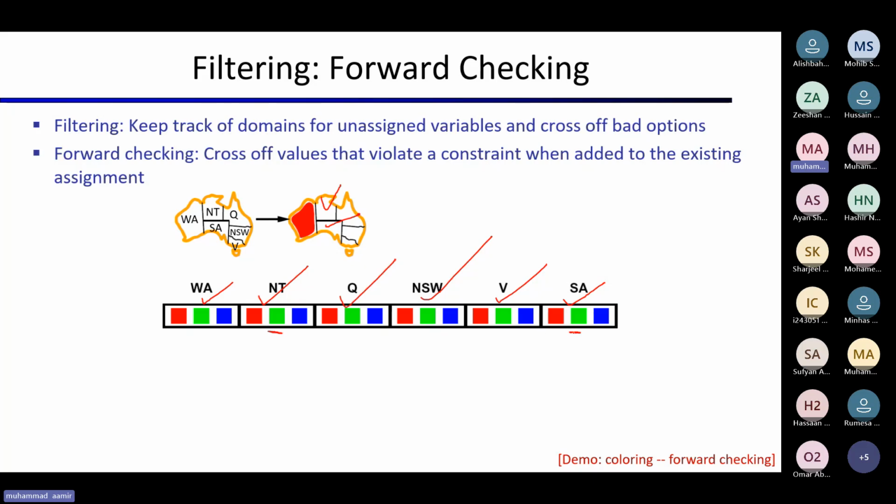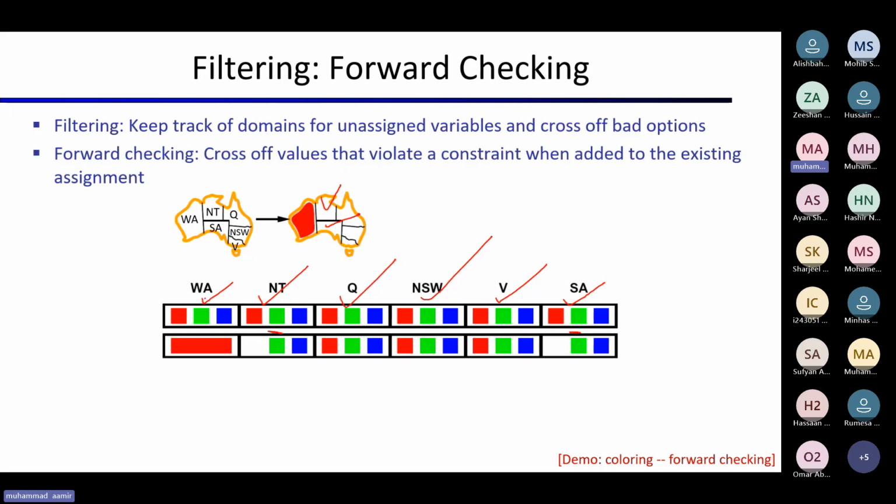If we assign red to Western Australia, we cannot assign red to Northern Territory and Southern Australia. So let's remove this value from the domain of these two variables, right? This is what forward checking says.